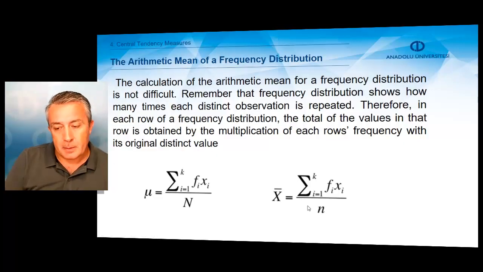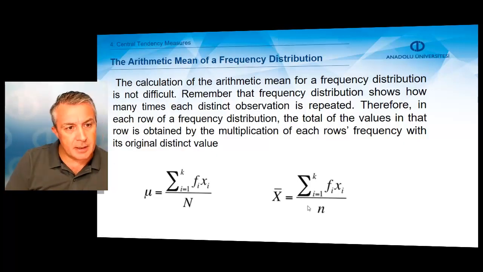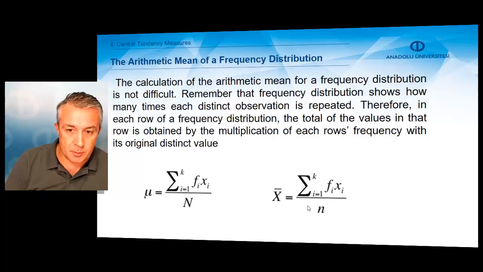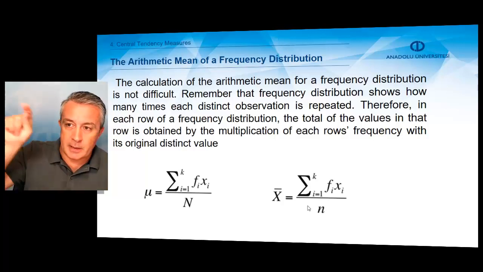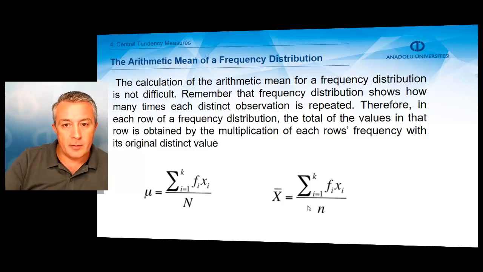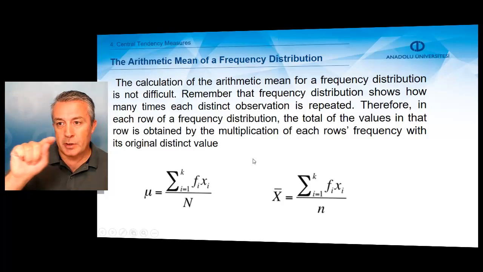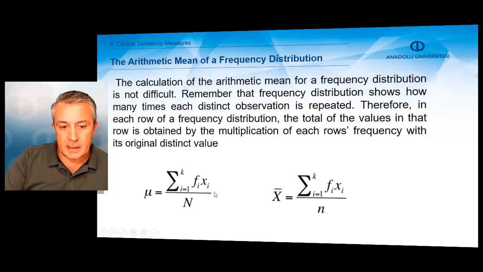And remember, in chapter 2 and chapter 3 we saw frequency distributions. We have categories, and for each category we have a frequency. If you want to calculate the arithmetic mean for a frequency distribution, for each row we need to make a multiplication. Each observation value is repeated sometimes.